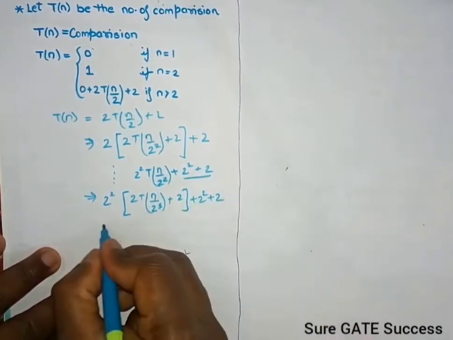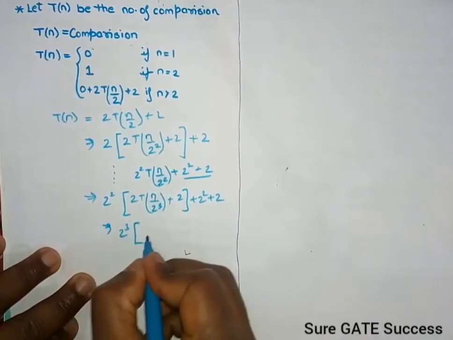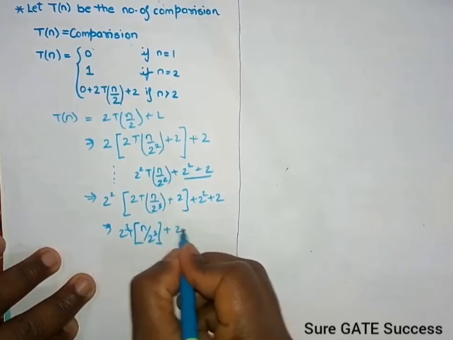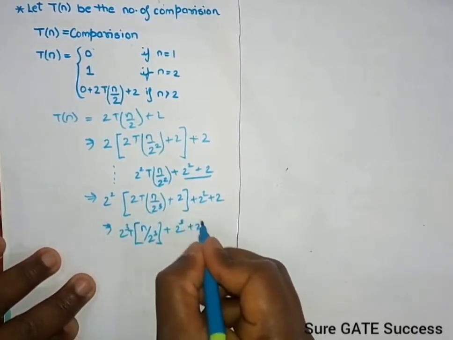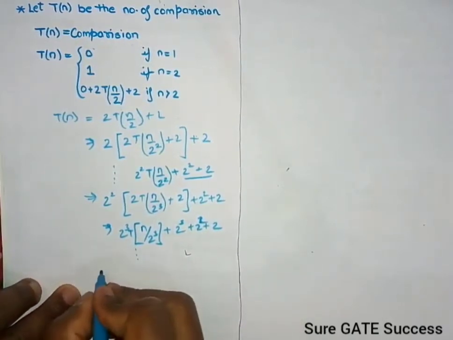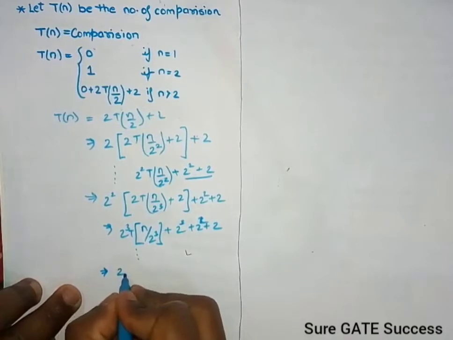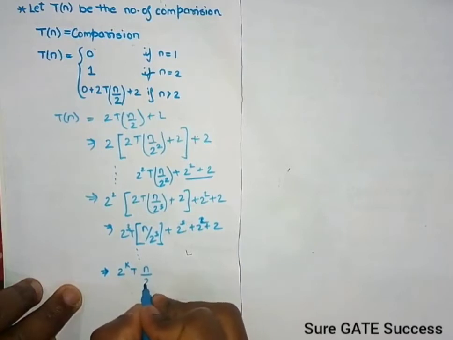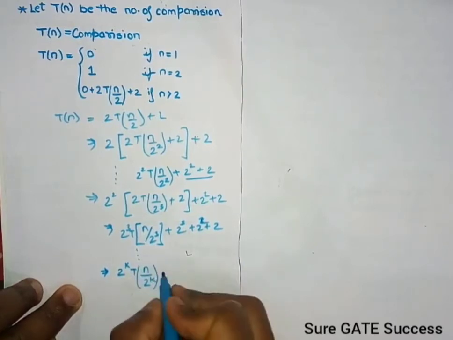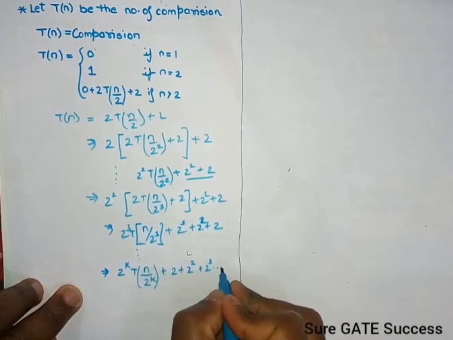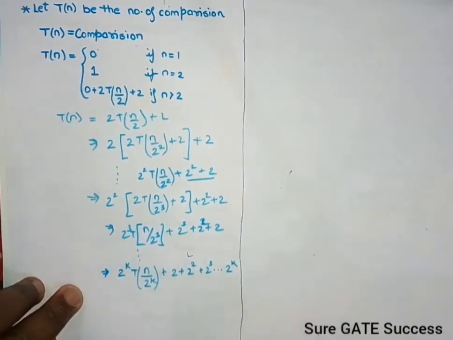Now if we solve it, we will have 2 to the power 3 T(n/2 to the power 3), plus, multiplying inside, 2 to the power 3, 2 to the power 2 and 2. So we are getting a sequence. Let's take it up to k: it will be 2 to the power k T(n/2 to the power k) plus 2 to the power 1 plus 2 to the power 2 plus 2 to the power 3 up to 2 to the power k.